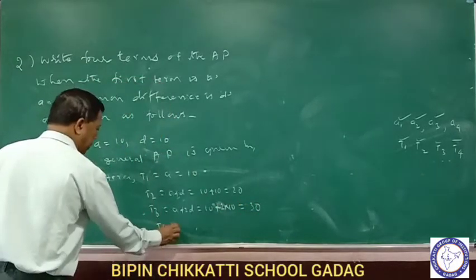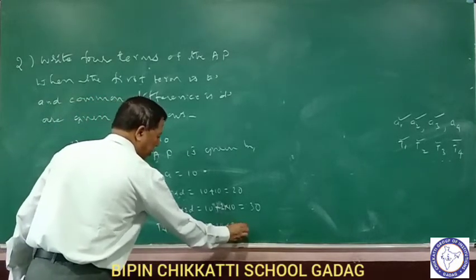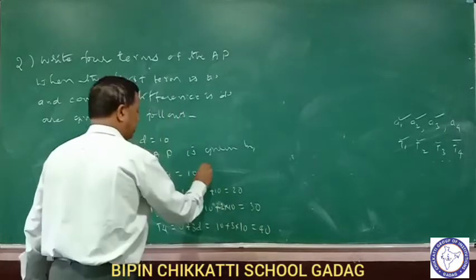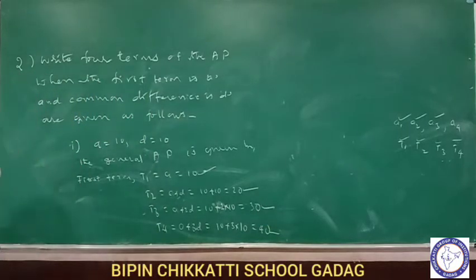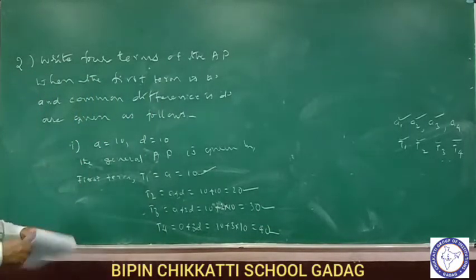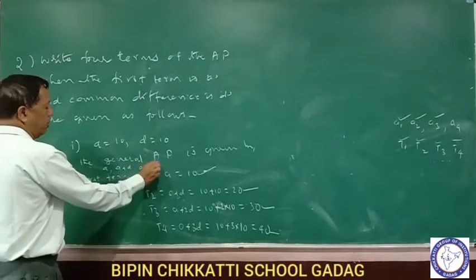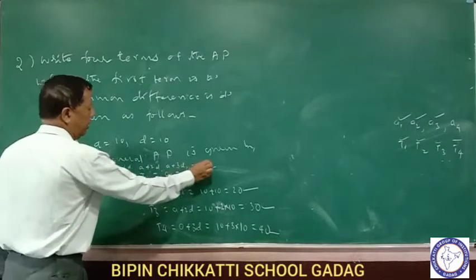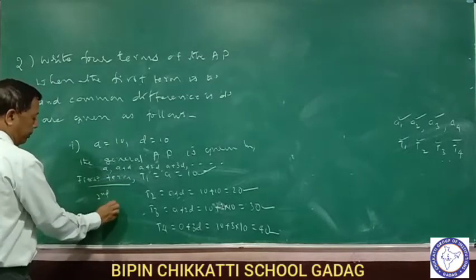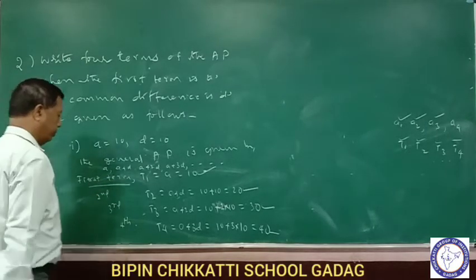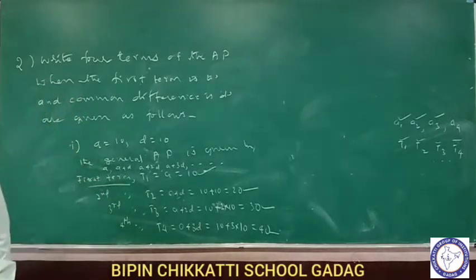The fourth term is A plus 3D, that is 10 plus 3 into 10, this is 40. So 10, 20, 30, 40 are the 4 terms. The general AP is given by A plus D, A plus 2D, A plus 3D, in which you have the first, second, third and fourth terms. This is how we find the first 4 terms.